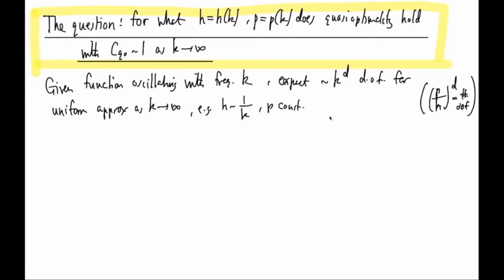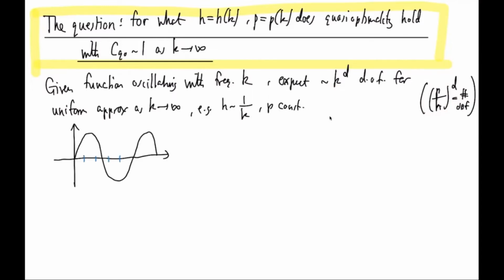So if p is constant and h is 1 over k, then this is k to the d. And so let's just draw. You came in expecting a talk on numerical analysis. There'll be computer drawn pictures, but no, I'm going to subvert expectations here and draw some hand drawn pictures.